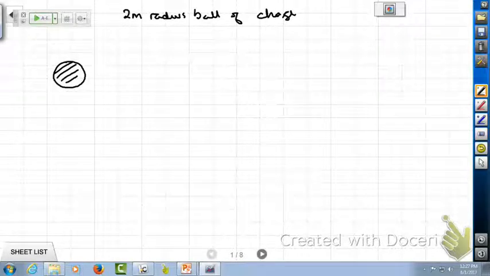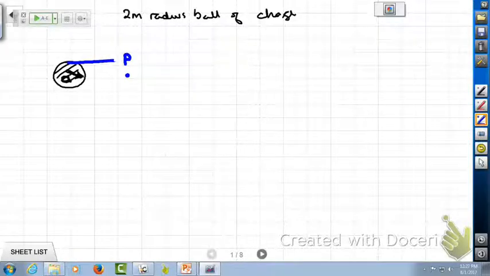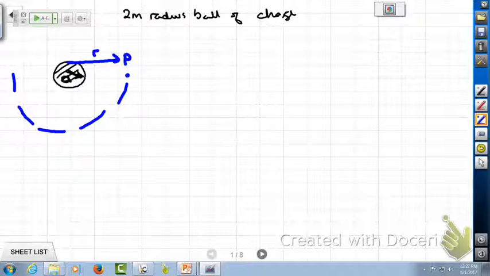In my derivation, I'm going to call that A. And I have a point of interest here. I'm going to call that a distance r. Now, can you see from a symmetry point of view, I want a spherically symmetrical Gaussian surface again? Yeah?